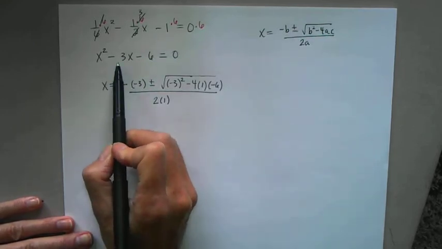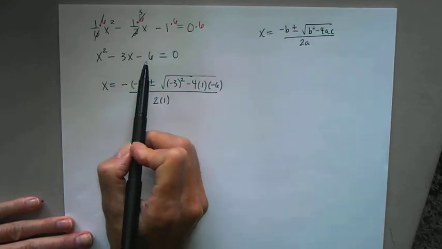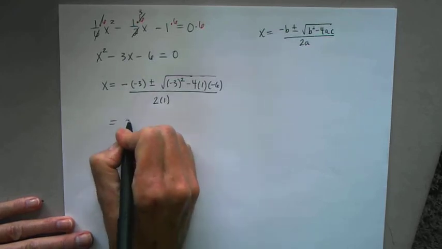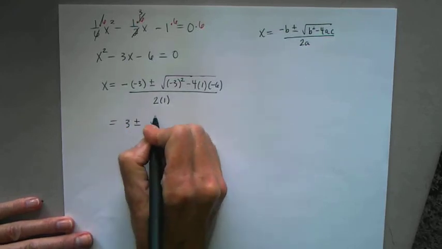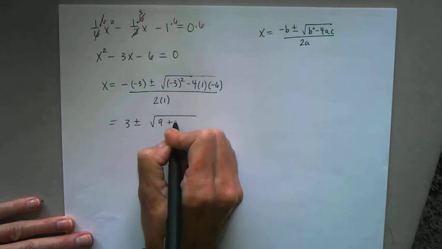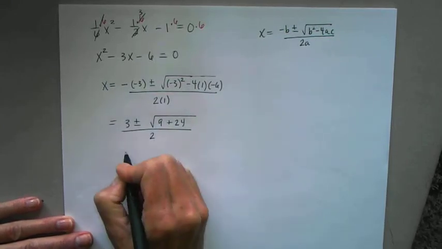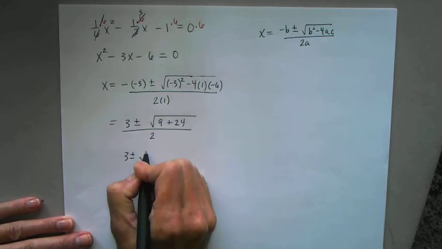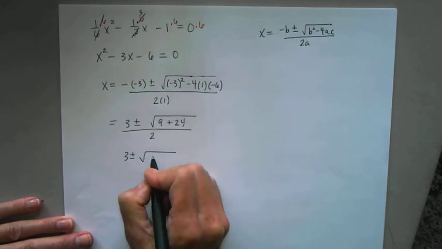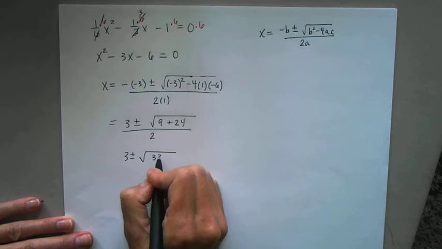And then simplifying, so we get 3 plus or minus the square root of 9 plus 24 all over 2. 3 plus or minus, what is that, 33? All over 2.